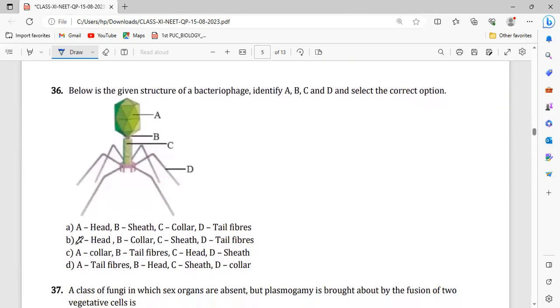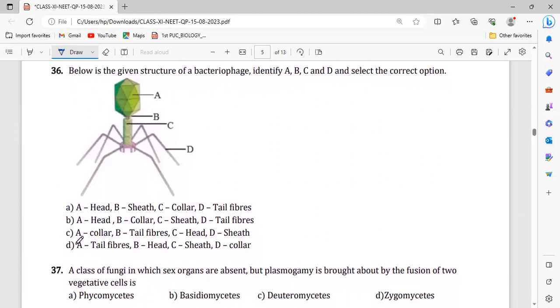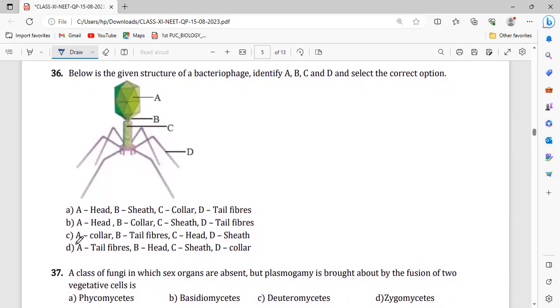Then 36. You have to identify A, B, C and D. A is the head region, B is the collar region, then C is the sheath and D is the tail fibers.